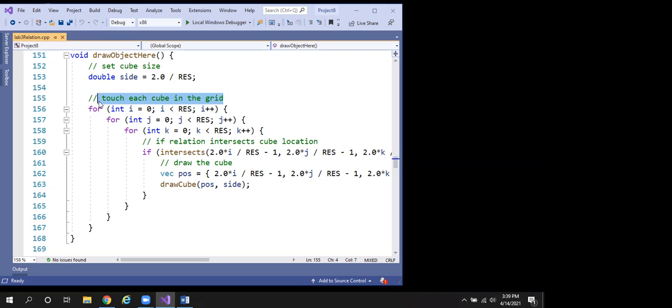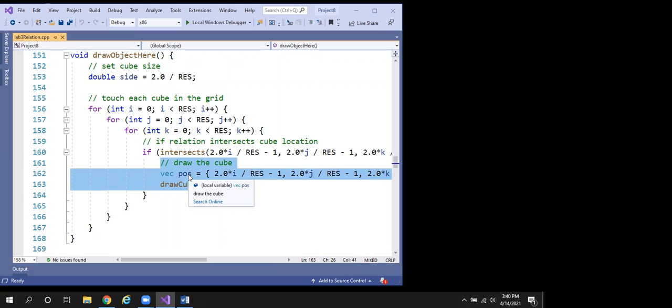Got 1,000,000 cubes. I go through each cube, and if the relation intersects my cube, remember the relation is this surface that can curve under itself. It can sort of spin all around and twist all around in space, okay? So if that surface intersects this little tiny cube, then I'll draw the cube.